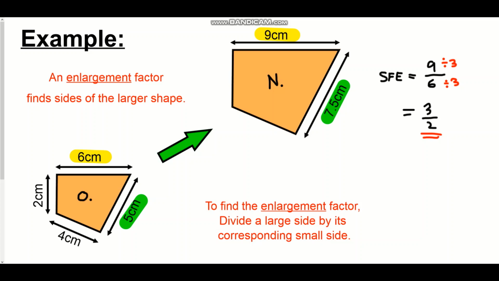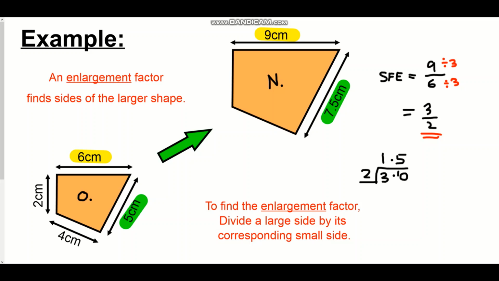If you're not happy with fractions, we can turn it into a decimal. How many times does 2 divide into 3? That's a bit tricky to know off the top of your head, but if you are good at the division that we've been practicing in our numeracy lessons, then you can divide 2 into 3. 2 goes into 3 one time with a remainder of 1, and then 2 goes into 10 5 times.